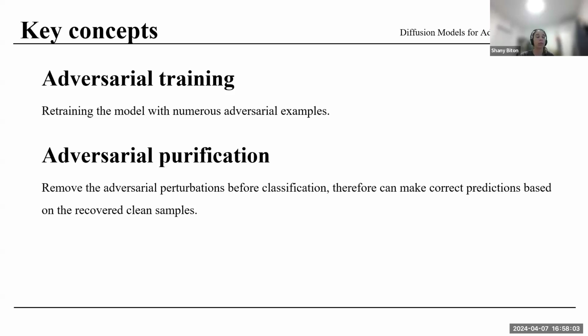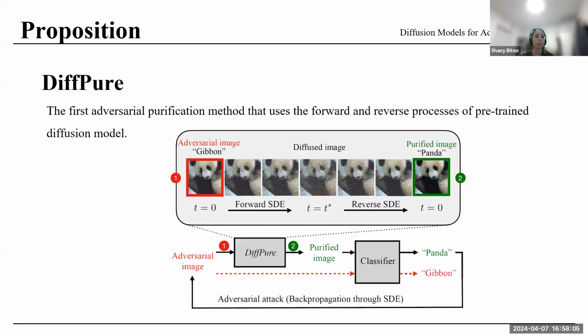So let's go to their proposition. They propose DiffPure, which is the first adversarial purification method that uses the forward and reverse process of pre-trained diffusion models. So let's look at the model that they are offering.